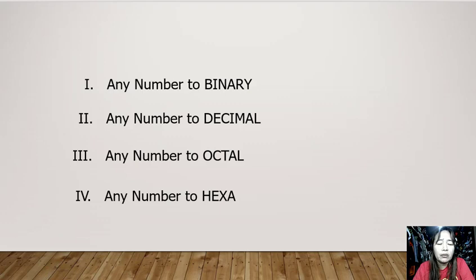Also any number to octal: binary to octal, decimal to octal, and hexadecimal to octal. And last but not least, any number to hexadecimal: binary to hexadecimal, decimal to hexadecimal, and octal to hexadecimal.